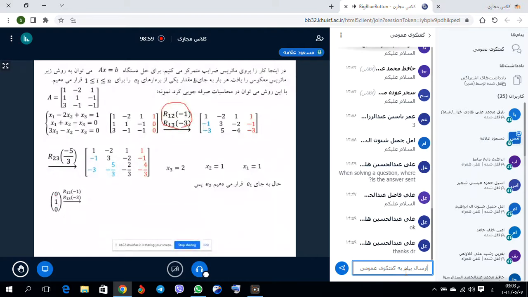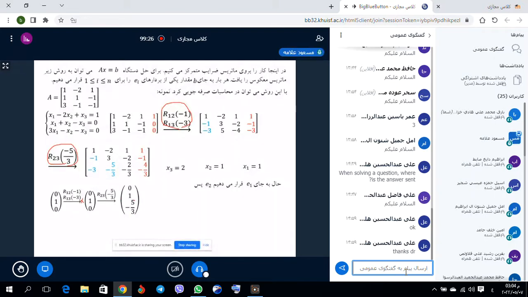Multiply this one by minus 3 and add it to the third one. It doesn't change. Again, we do R2 3 minus 5 divided by 3. Minus 5 divided by 3 multiplied in the second and added to the fourth. We find this one.